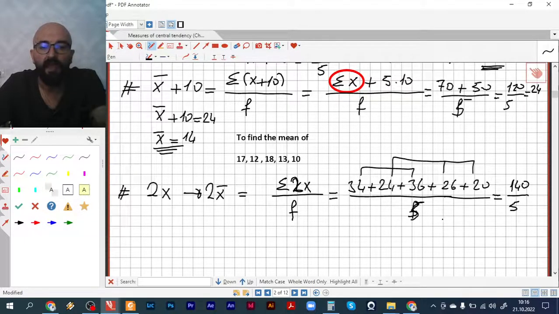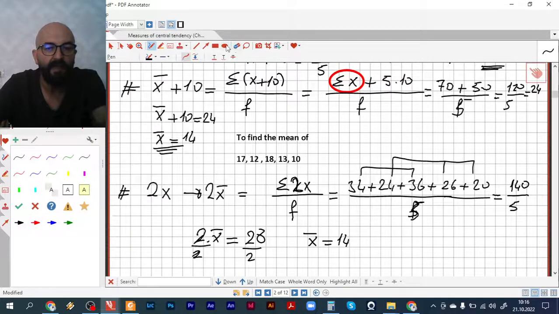So 2 times the mean becomes 28, and if we divide by 2 both sides, the mean becomes 14.